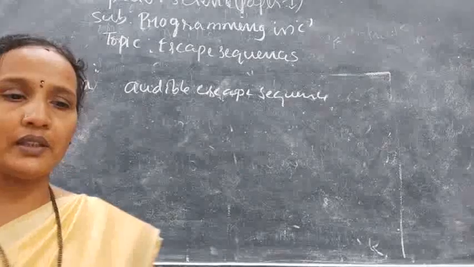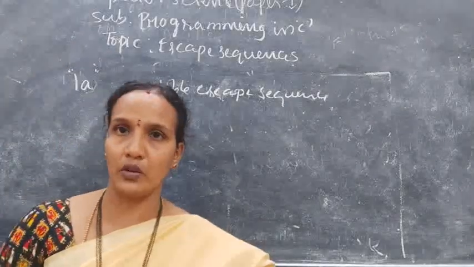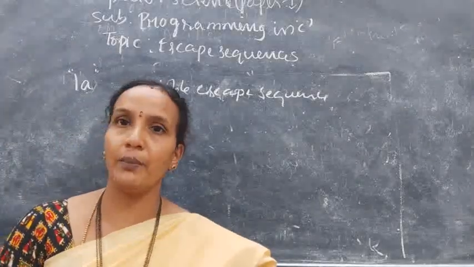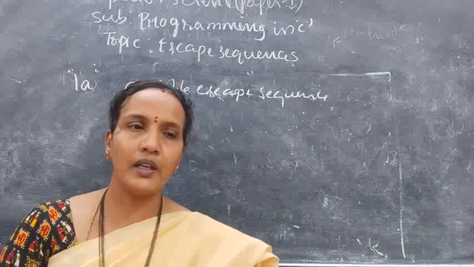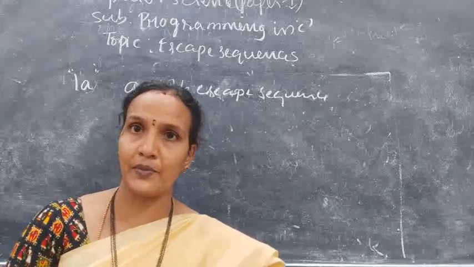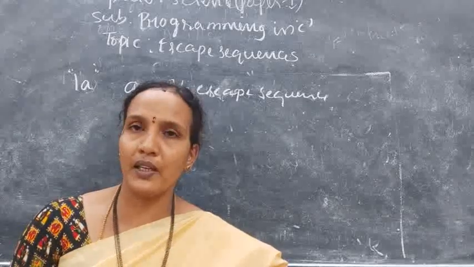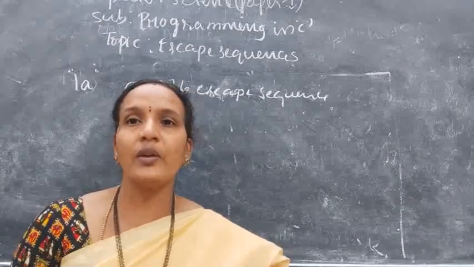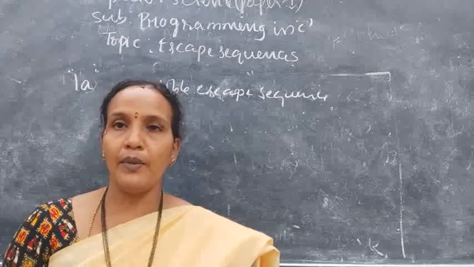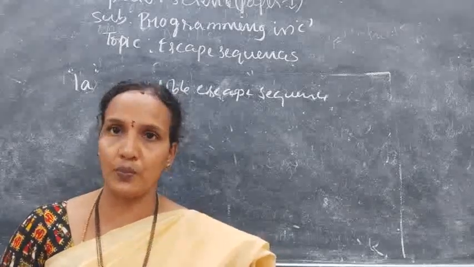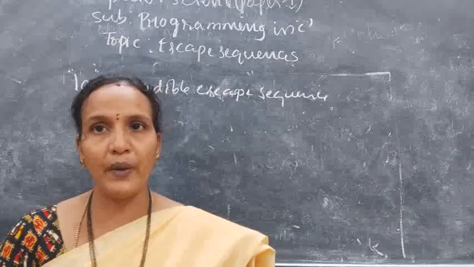Whenever a character is printed on the output screen, it will give a beep sound. But if you want to use this escape sequence, you first have to check whether speakers are attached to your system or not. If speakers are attached, you can hear that output. Whenever any character is printed on the output screen, it will give a beep sound.